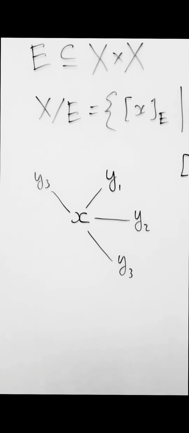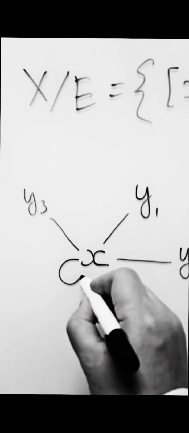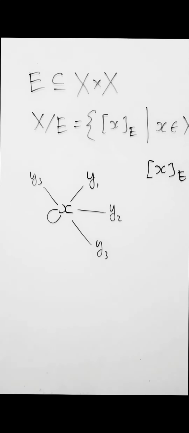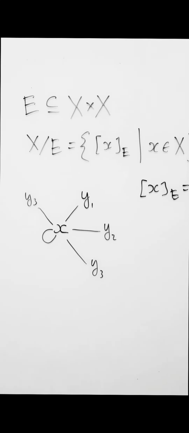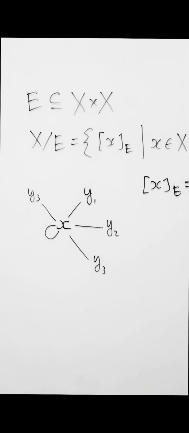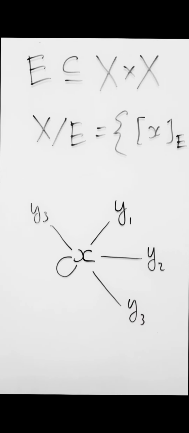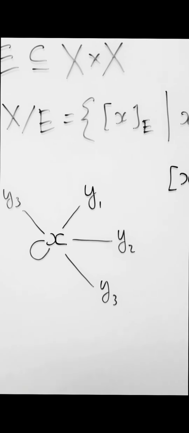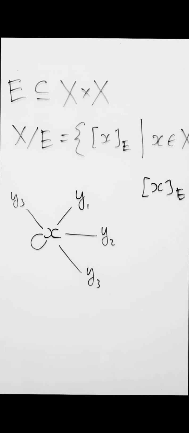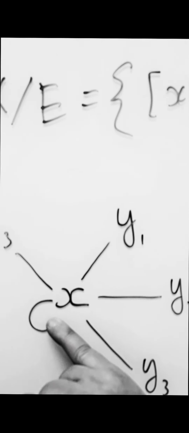This will include x itself, since by reflexivity, every element of capital X must be related to itself. But since this is true universally for all values of x, we can just keep it in our minds that this is so, without a need to draw a line for that.